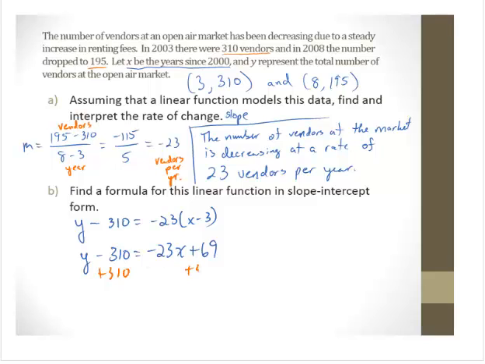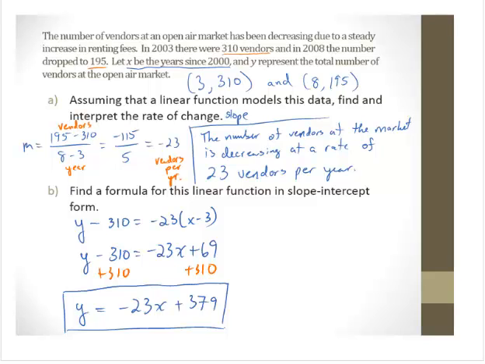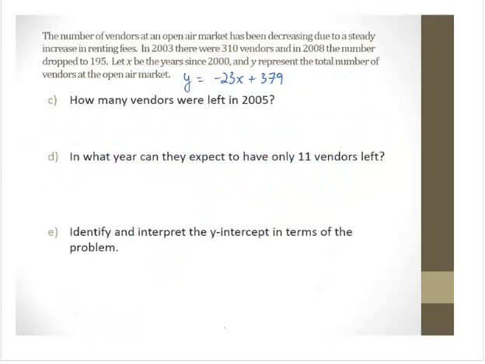And I will add 310 to both sides. Y equals negative 23x plus 379. And that's a function. We could write f of x if we wanted to, but I'll just leave it as y equals. So y equals negative 23x plus 379.